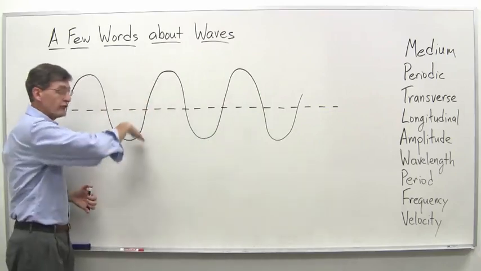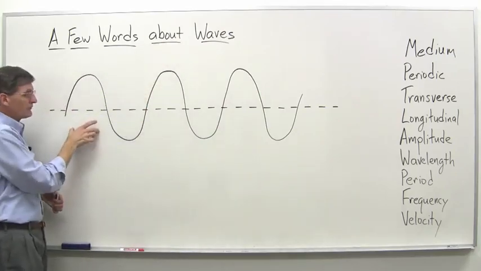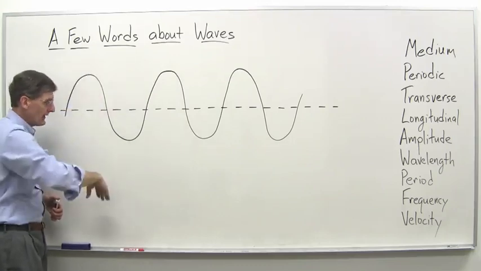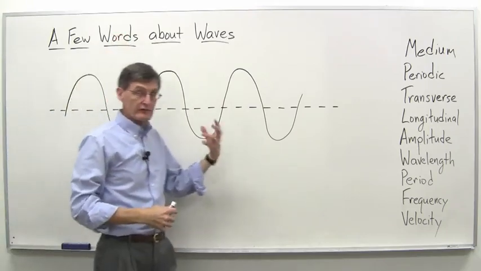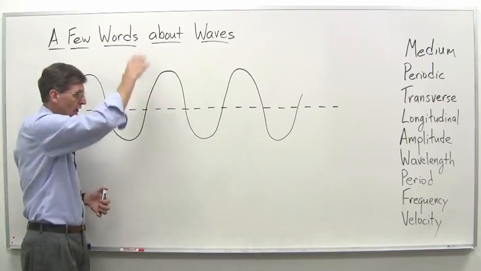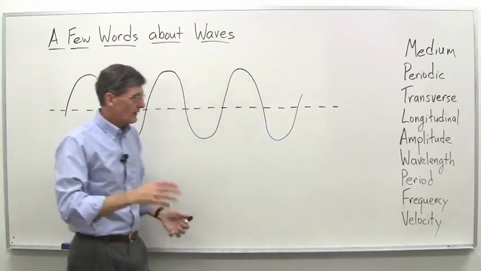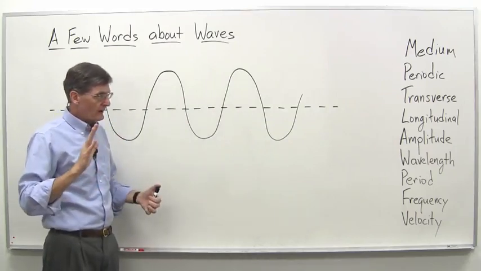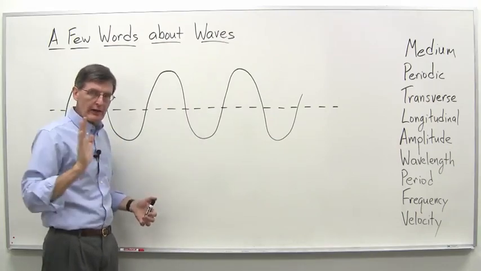Transverse waves are where the disturbance is up and down, transverse. So if this is water here, the water molecules actually are moving up and down, up and down, up and down. And so that's a transverse type of wave where the wave motion is up and down vertically here. A longitudinal wave is where the medium, whatever the medium is composed of, in this case we'll do air, the motion is back and forth.